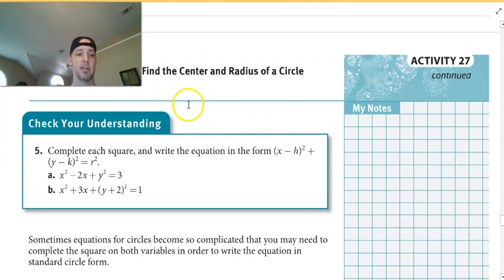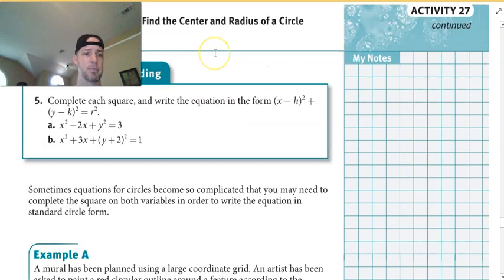So let's check our understanding. Complete the square here and see what equation we come up with. For this one, if I look at my x terms in standard form, the b value of the x terms would be -2. To complete the square, I just need to take half of that value and square it.